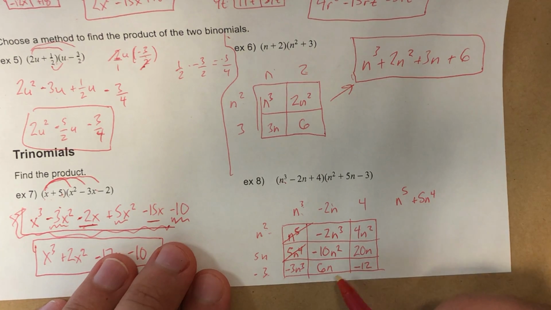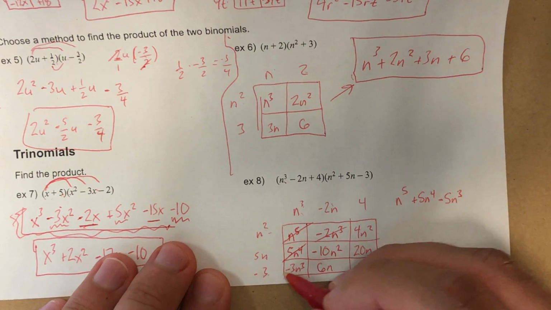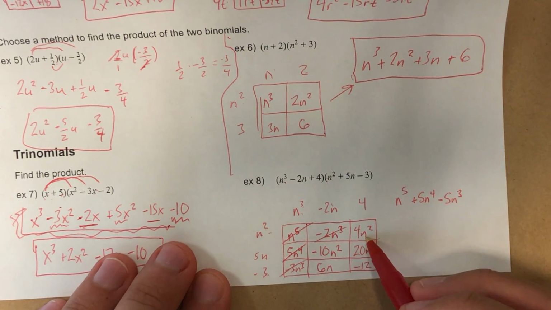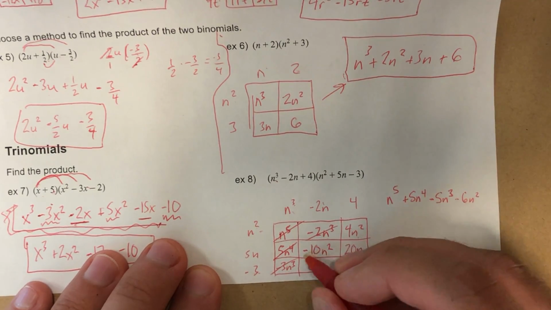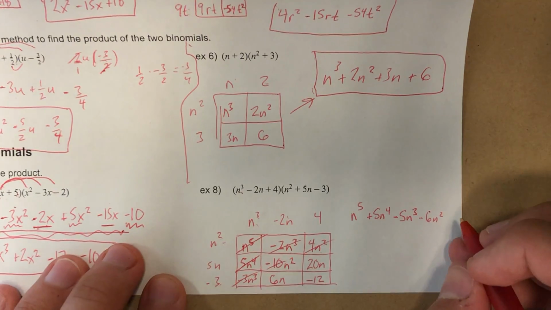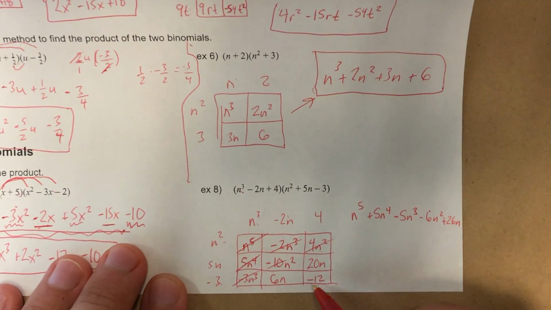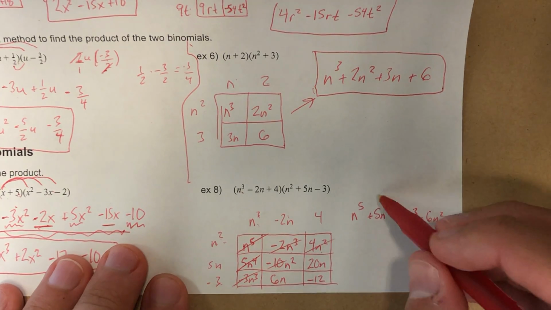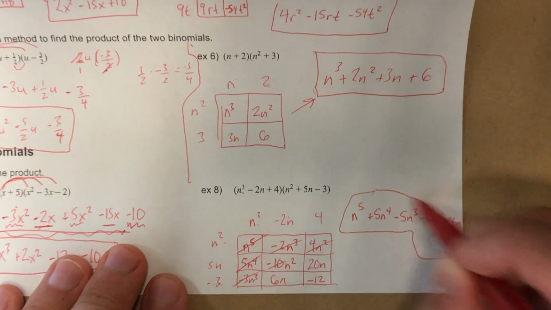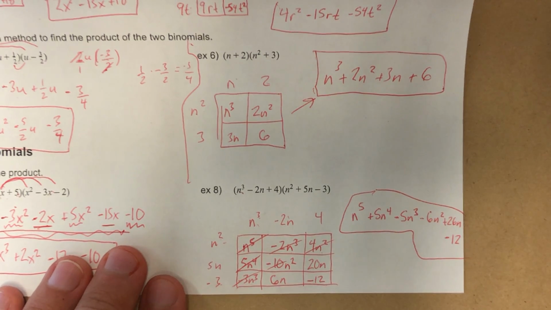Then to the third, we have negative 2n to the third, negative 3n to the third, those will add to negative 5n to the third. Squared, 4n squared minus 10n squared will give me negative 6n squared. 20n plus 6n will give me 26n, and then we have this minus 12. Sorry, I ran off the page a little bit. And that's simplified, like terms combined. We're all good to go.